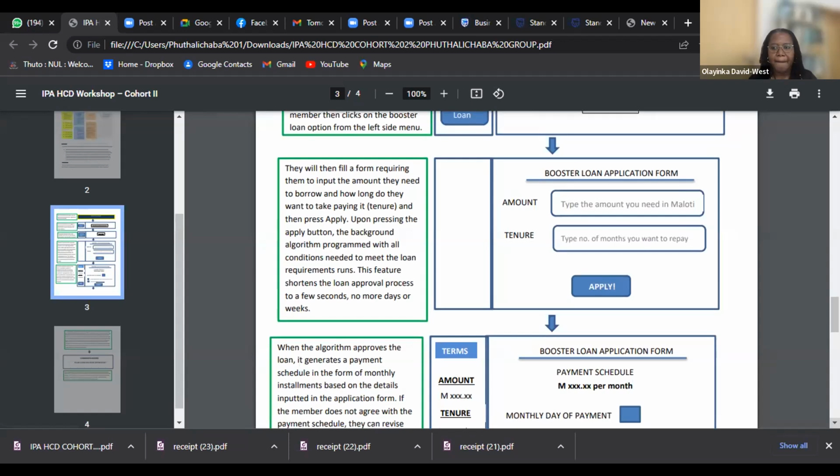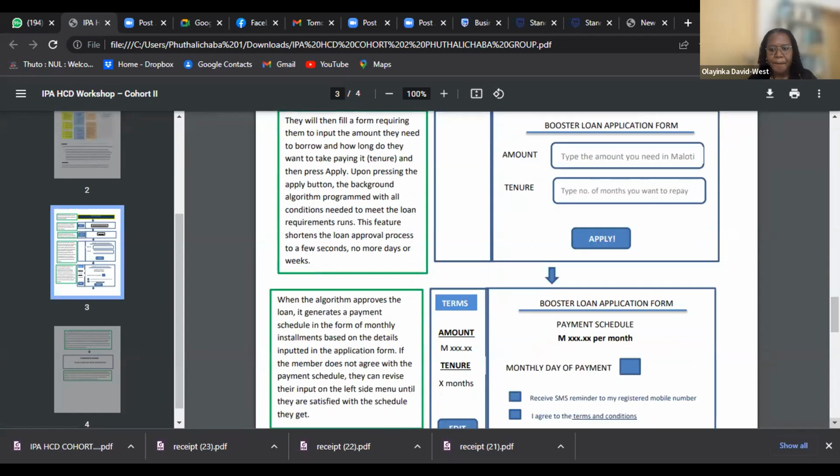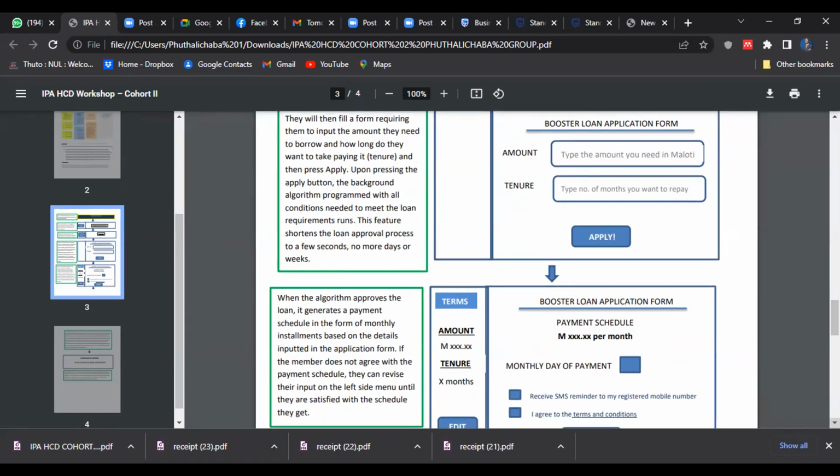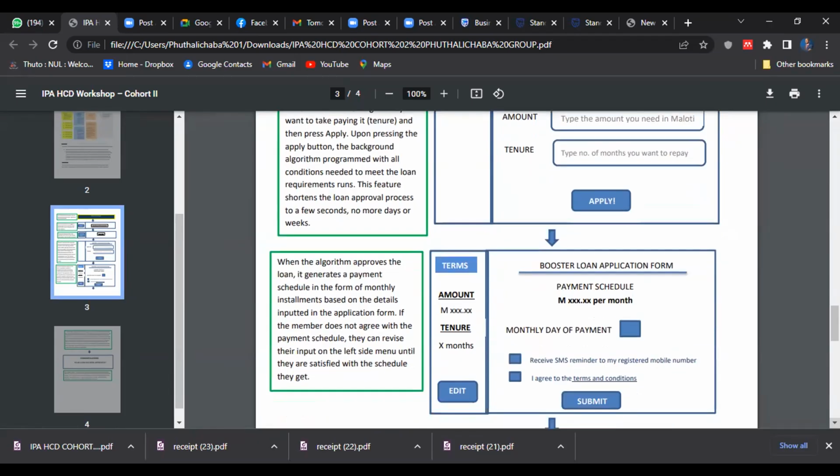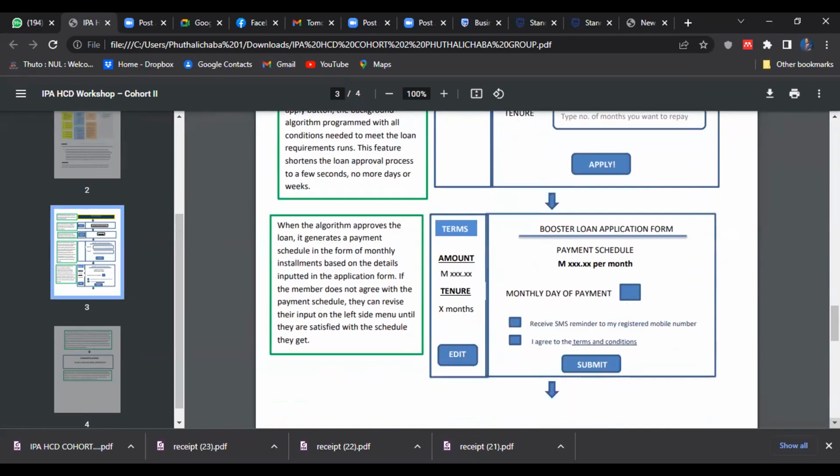So when they tick "I agree to the terms and conditions" and everything concerning the interest, that's what the terms and conditions are there for. When they tick that, that's when the application will go through. Unless they tick that box and have read those terms and conditions, it will not go through. Okay, thank you for that.